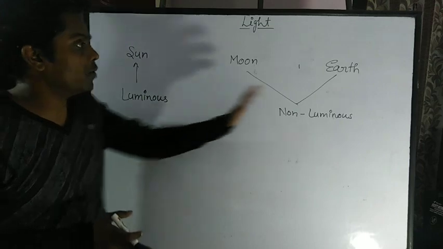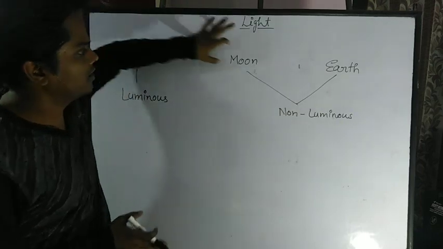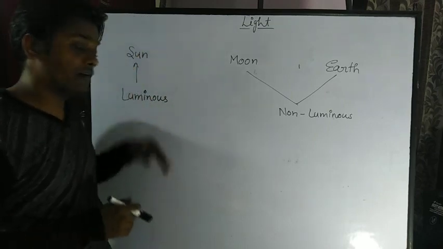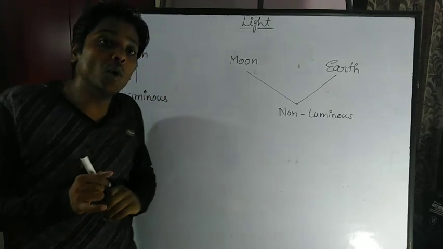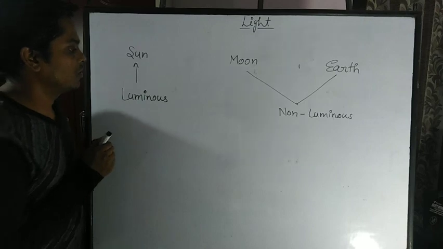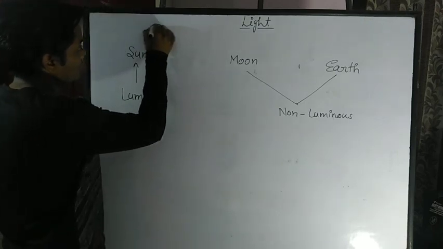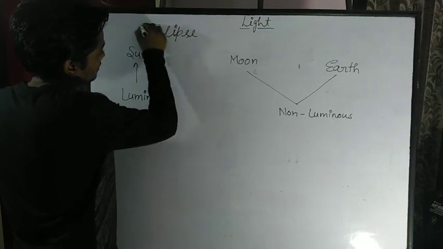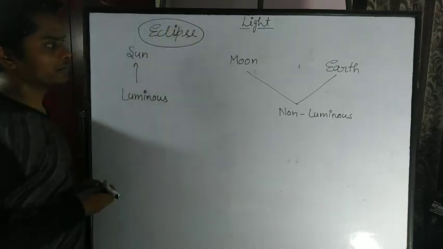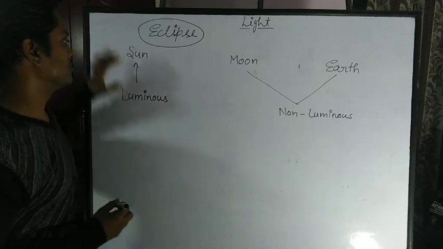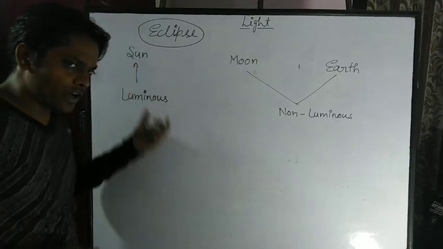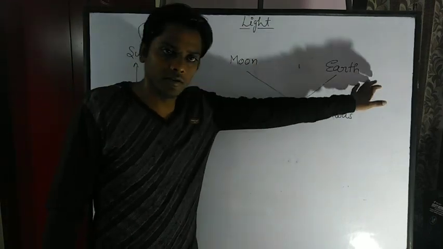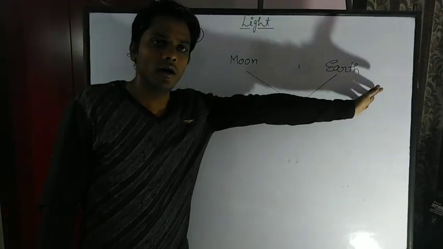When we see the shadow of heavenly bodies, sun, moon and earth, they are known as eclipse. What do we call them? Eclipse.